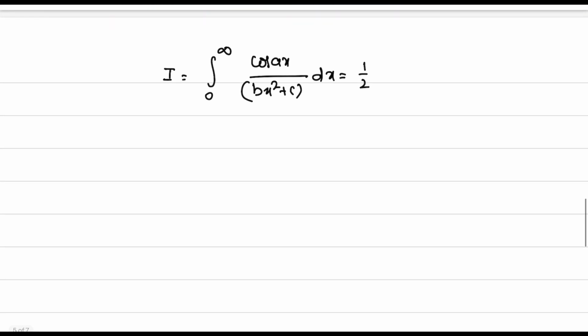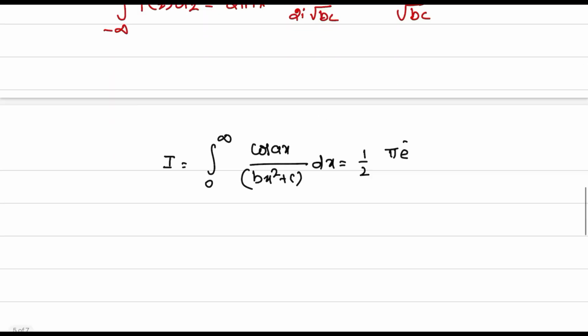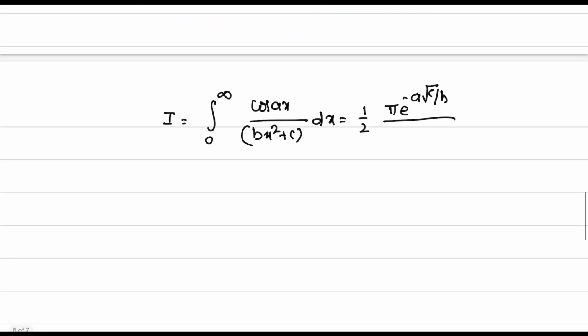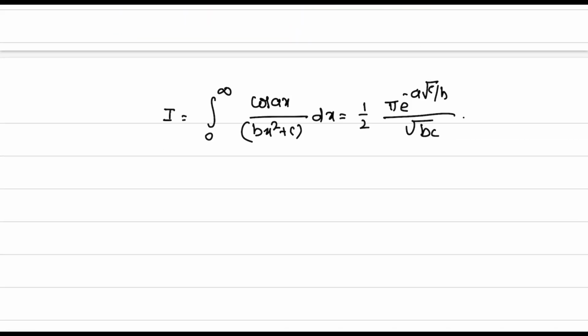Hence the value I is equal to the integral from 0 to infinity of cos ax by (bx square plus c) dx, which is equal to half into pi e to the power of minus a square root of c by b, divided by square root of bc. This is the answer.